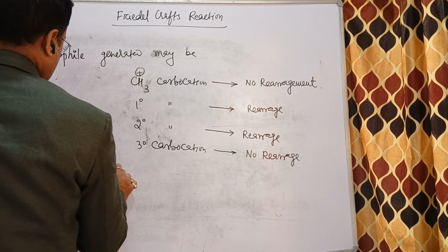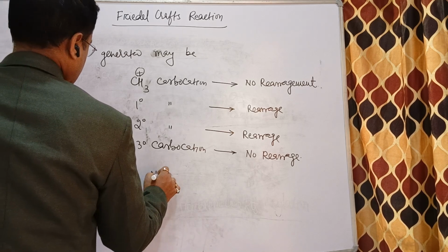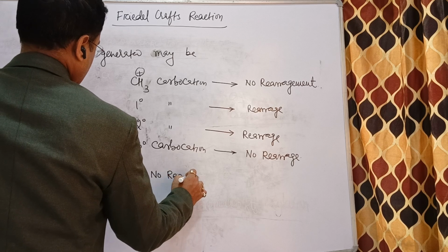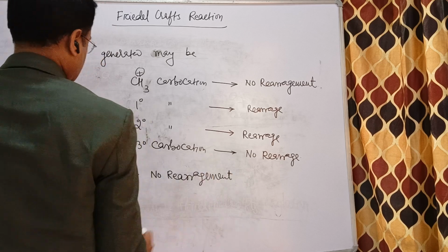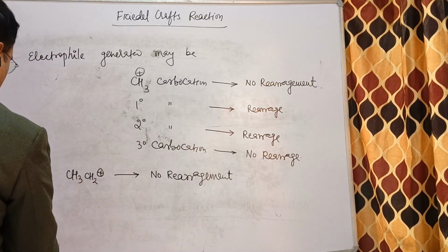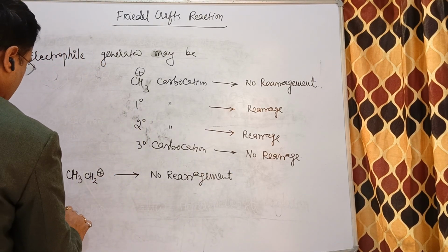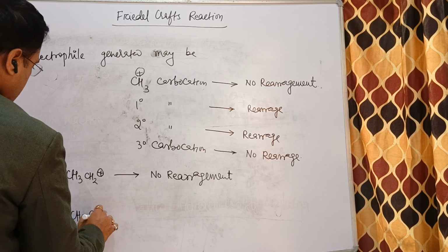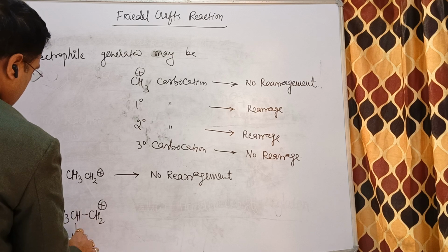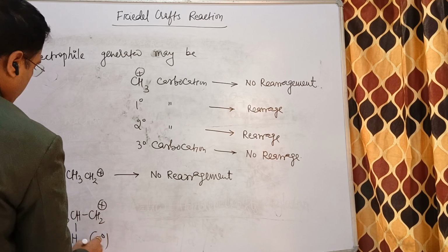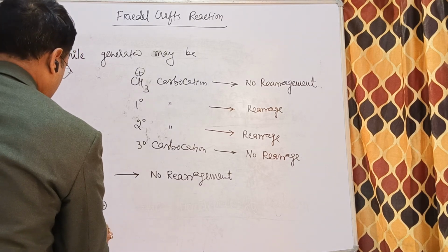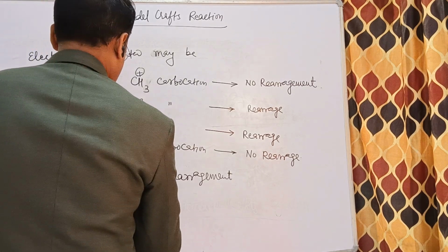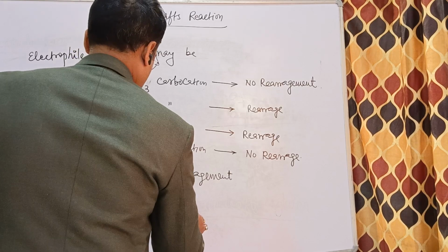CH2 plus, no rearrangement. CH3 CH2 plus is a 1 degree carbocation. This undergoes a hydride shift to give the 2 degree carbocation.